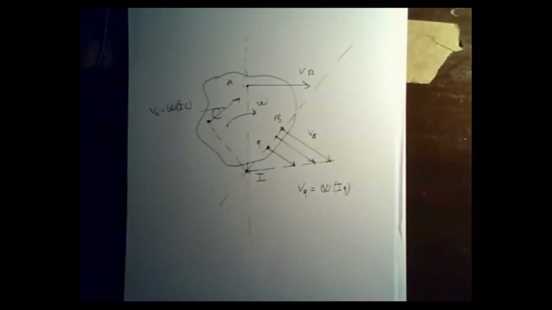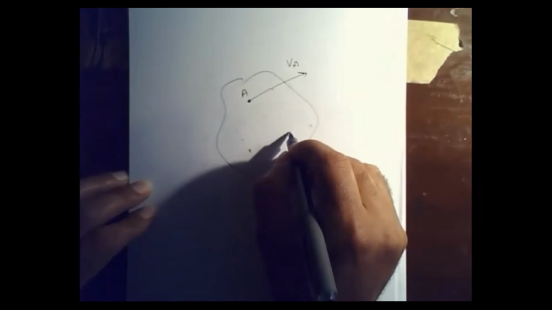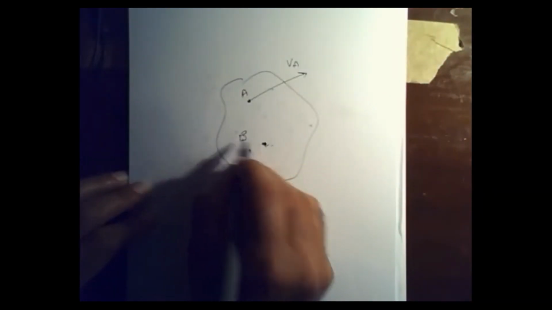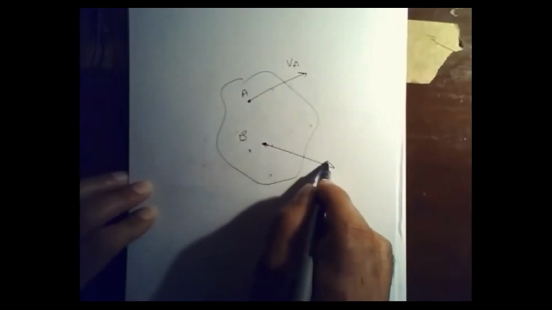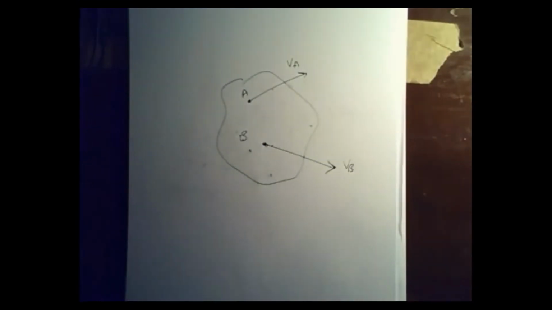But what happens if I gave you this rigid body, and let's say the velocity of A is like that, and the velocity of B is like that? How do you find omega? Can someone tell me how to find omega here?